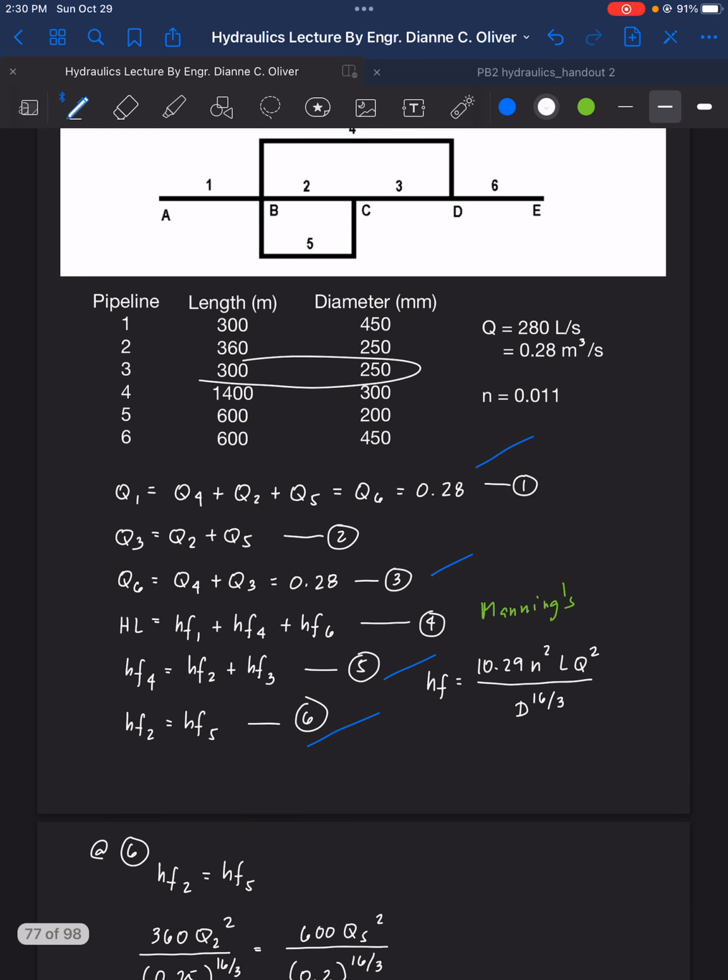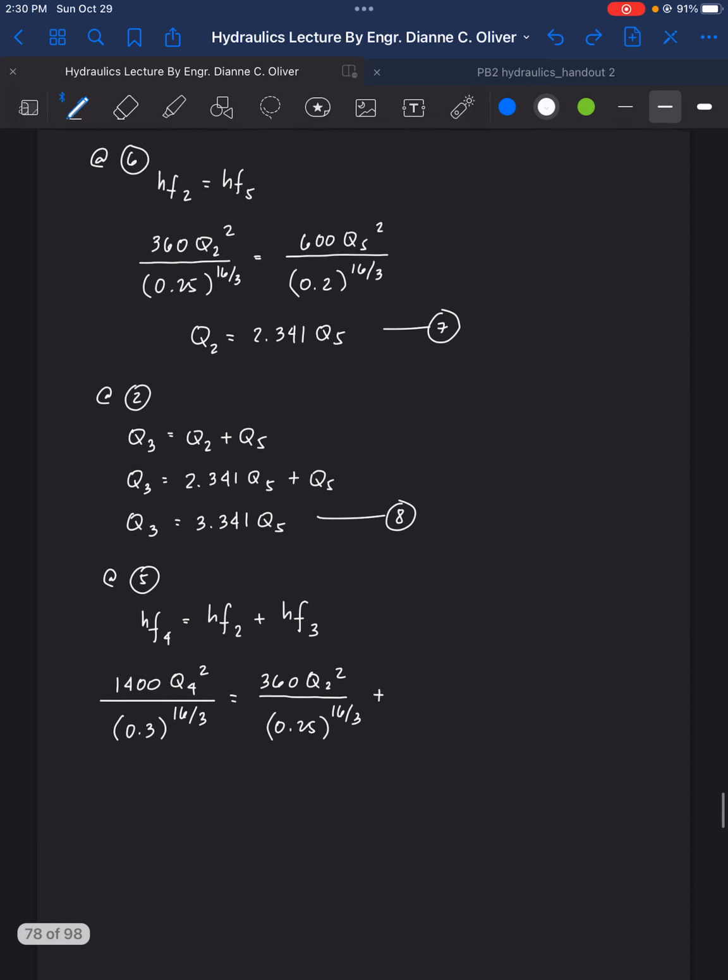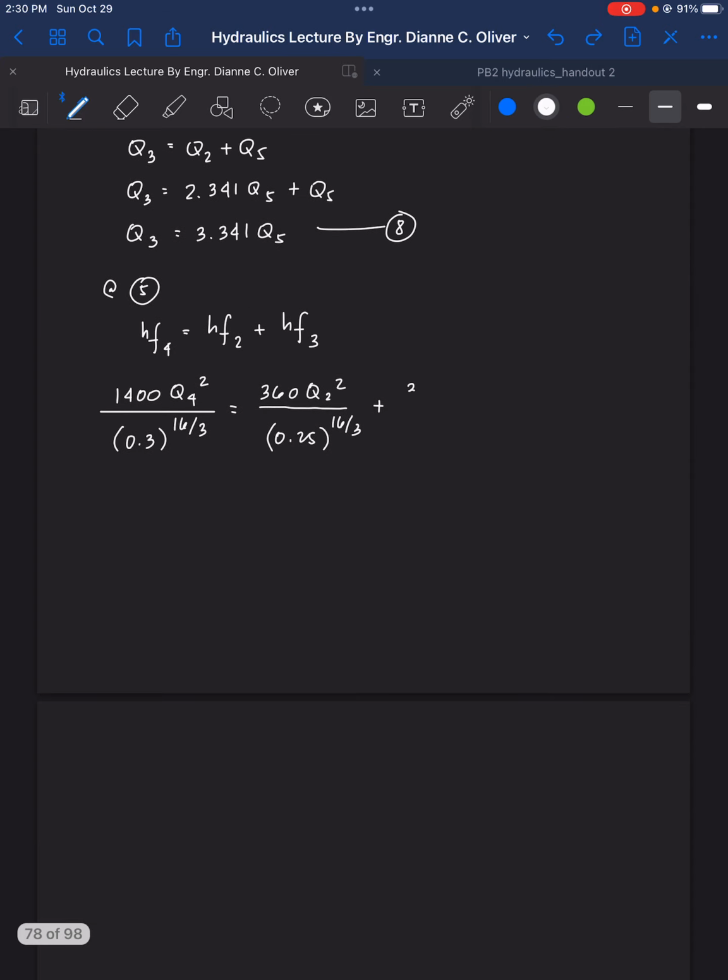Pipeline 3 is 300 by 250. That is 300 Q3 squared all over 0.25.